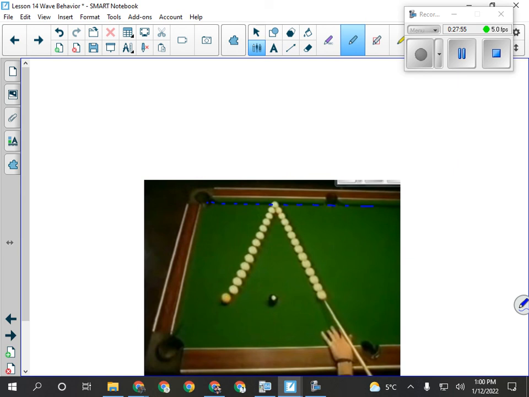Anytime you have a plane, or flat, reflective surface, your reflection is the same distance behind the surface as you are in front of it. So what I have to do is know how far the ball that I want to hit is from the reflective surface.